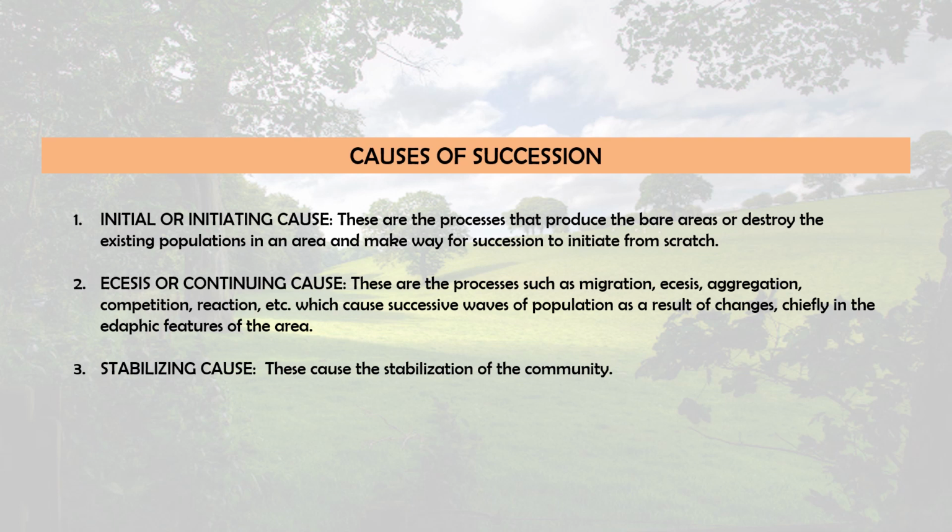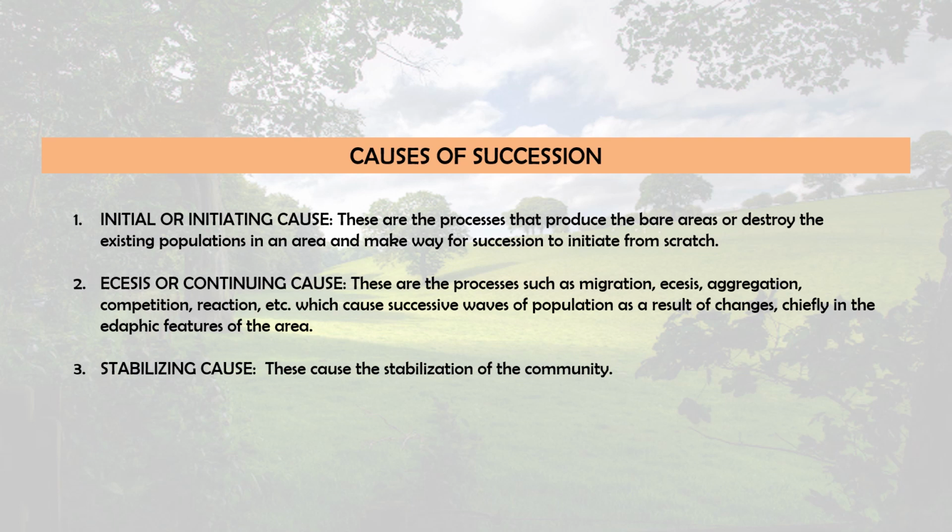So first we will discuss the causes of succession. Here there are three types of causes which are responsible for this process. First one is the initial or initiating cause. So what initiates the succession? What is the starting phase or cause?